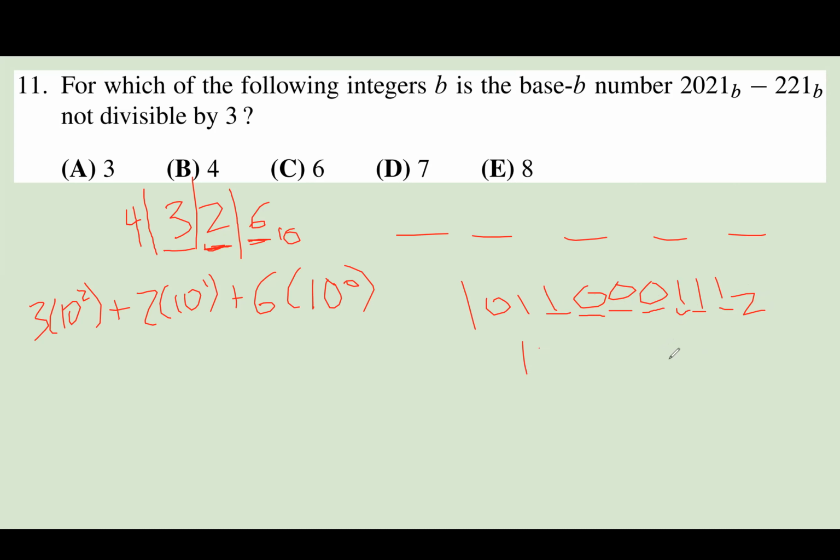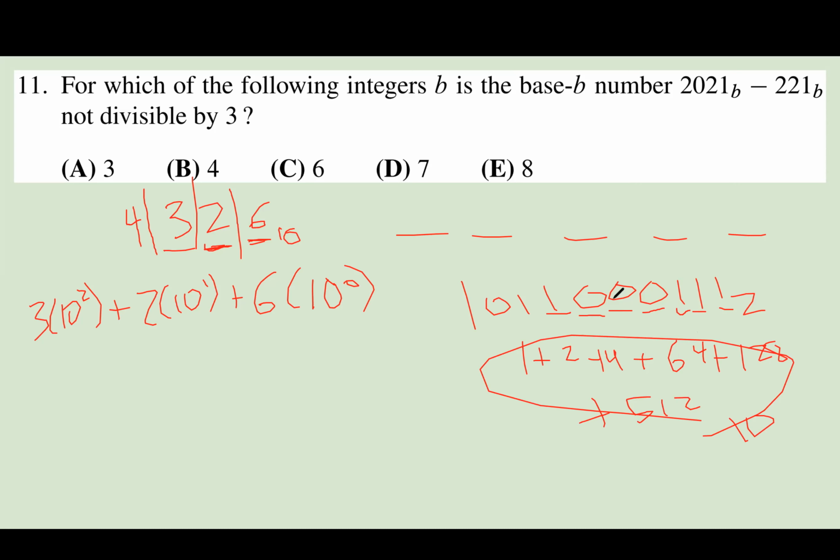So that would be 1 plus 2 plus 4 plus 0 plus 0 plus 0 plus 64 plus 128 plus 0 plus 256, 512. Then you would just add this up, and that would give you the base 10 version of that number. So that would be base 2.